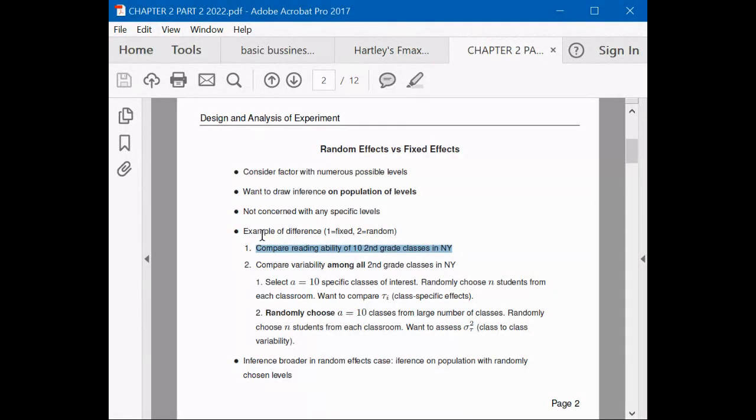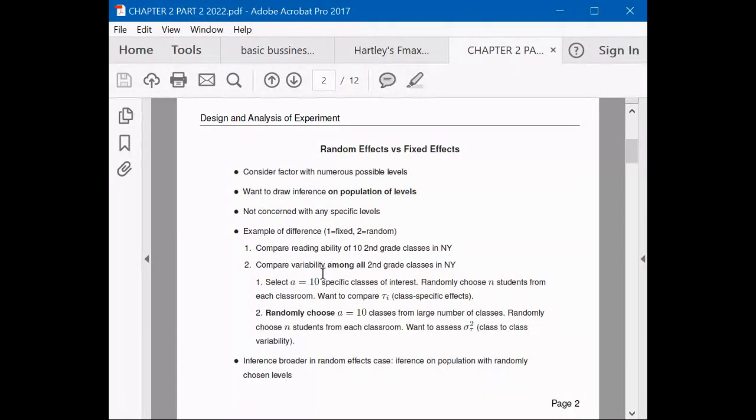The example: compare reading ability of 10 second grade classes in New York. That's the fixed effect model.